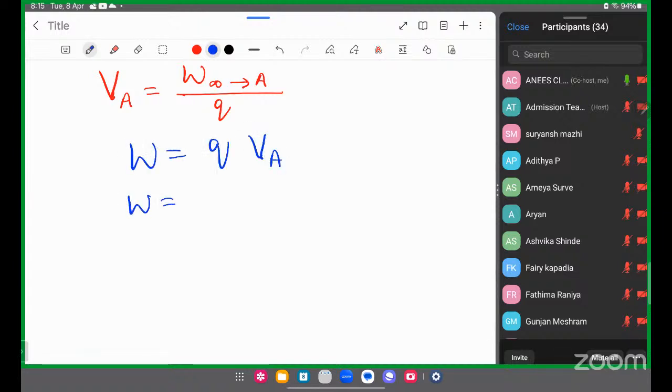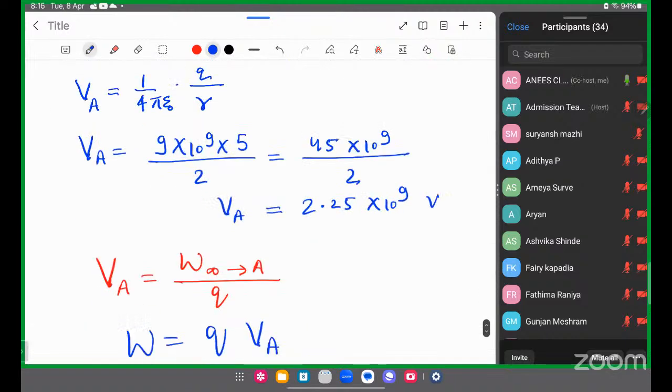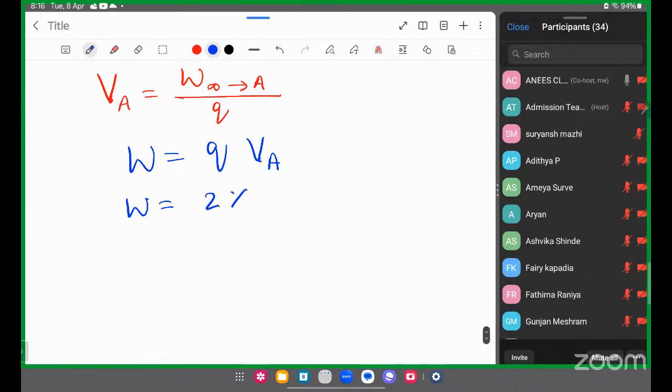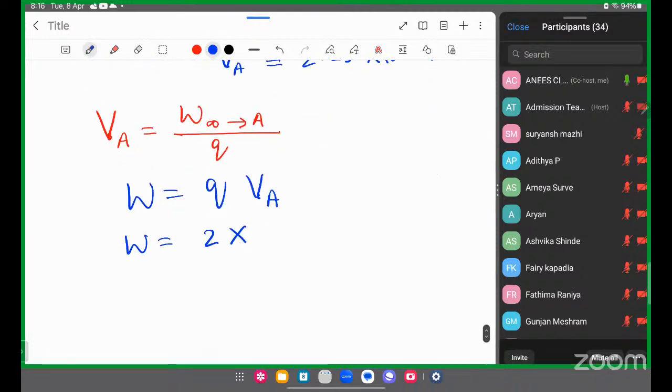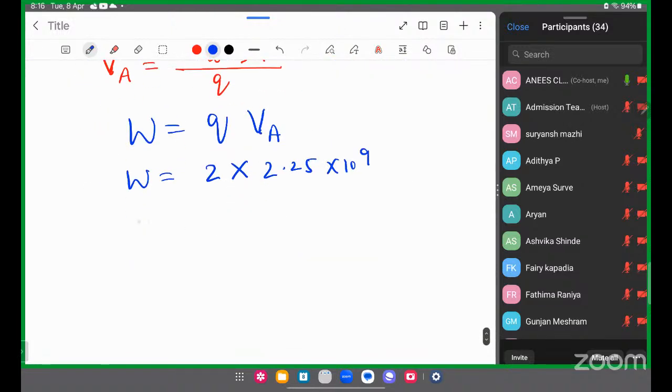So this will be how much? Q, which we are taking from infinity, is 2 coulomb. 2 coulomb multiply VA is 2.25 into 10 raised to power 9, which will again be 45 into 10 raised to power 9 joule. Am I right?